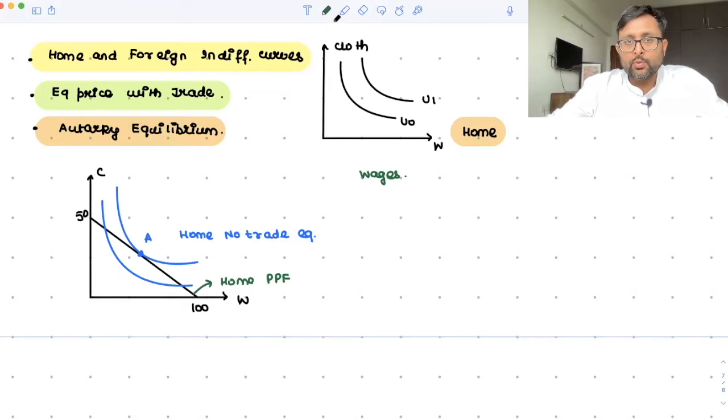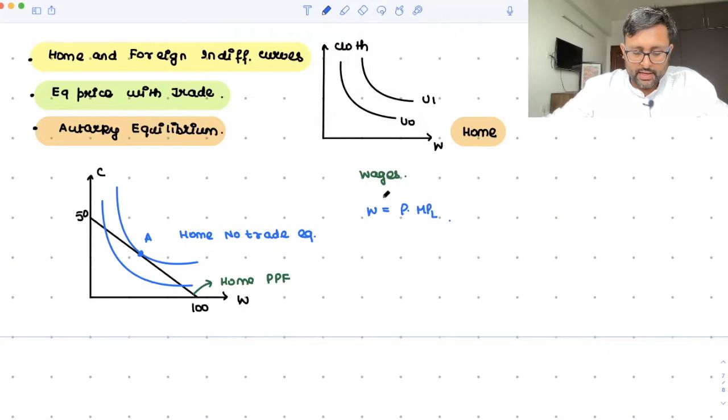So as far as wages are concerned, whether it is the cloth industry or the wheat industry, I'll be employing up to the point where wages are equal to P into MPL.